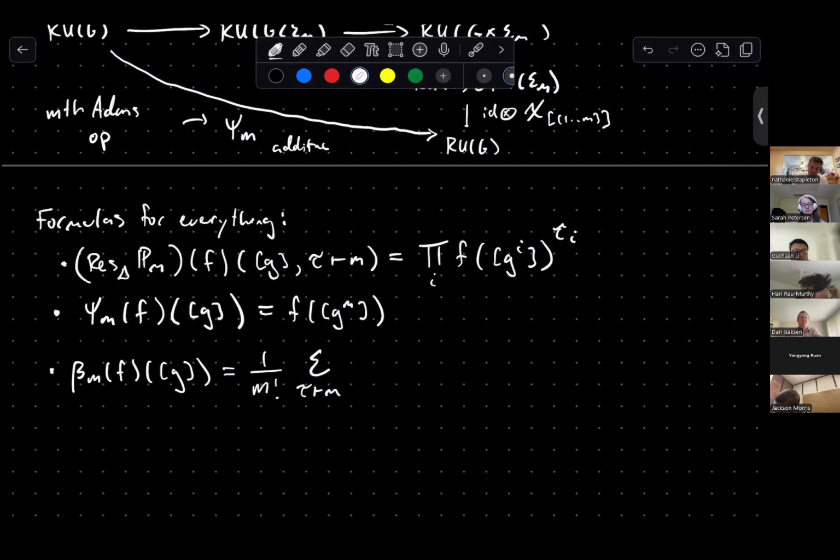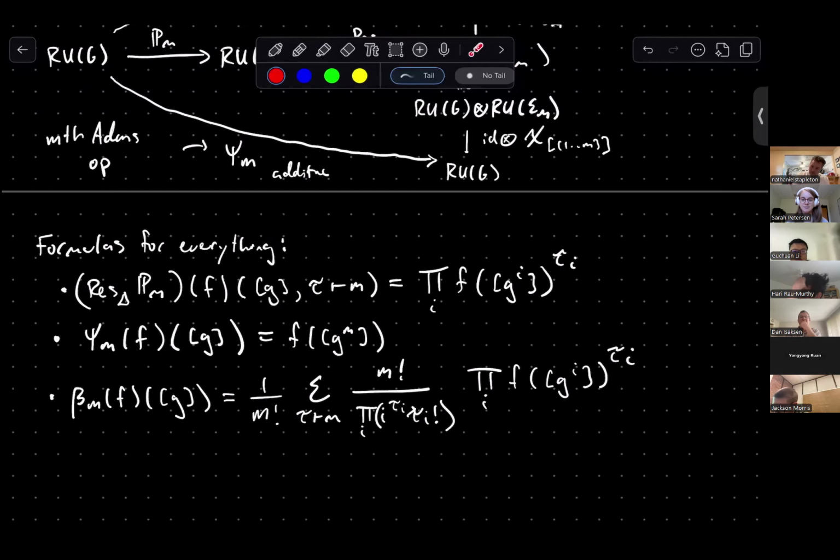What's the size of the conjugacy class of the element in the symmetric group associated to the partition tau? Well, it turns out that it's m factorial divided by the product over i of i to the tau i times tau i factorial, times the product over i of f of g to the i to the tau i.